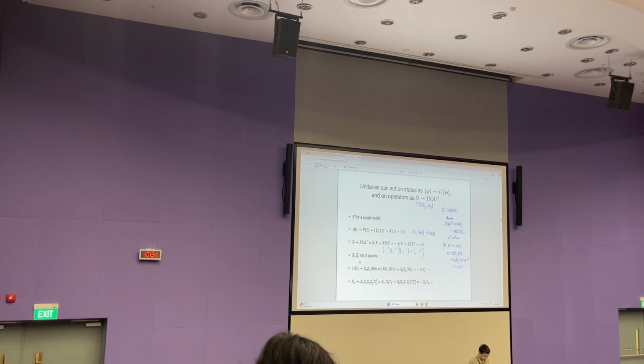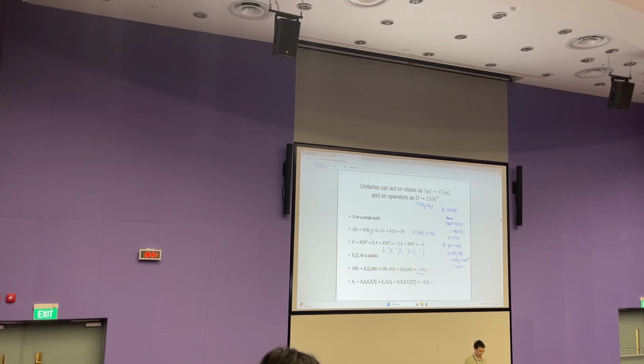if we look at the action of x1, z2 on 0, 1, then x1 acting on the first 0 gives 1, and z2 acting on the second 1 gives -1. And that's why we get this one. If we look at this action on the states, you can also verify it in this way.